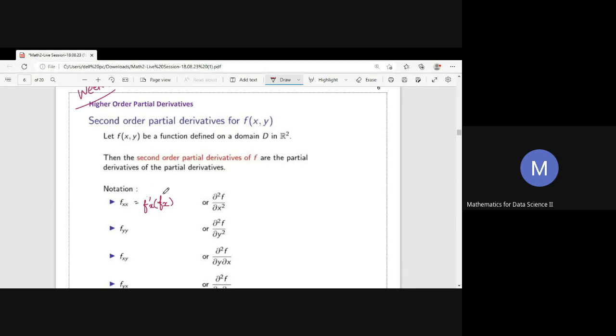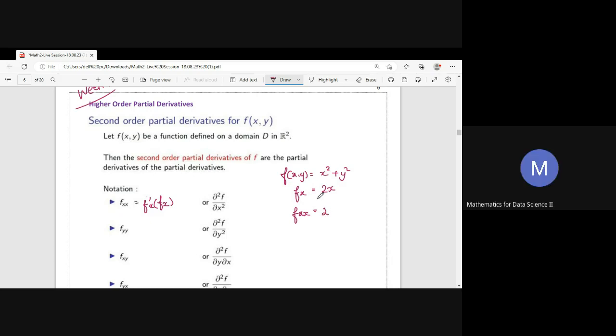For example, suppose f of x, y is equal to x squared plus y squared. What is your fx here? 2x. Now you consider this as a function and find the derivative again with respect to x, which gives you 2.